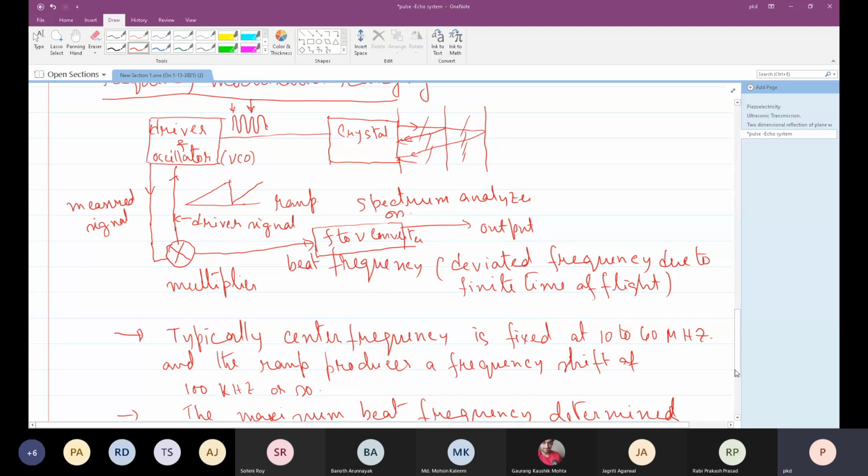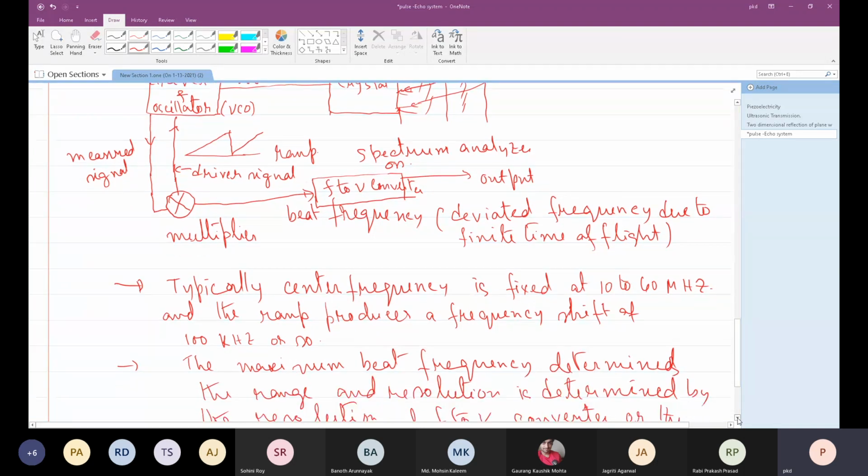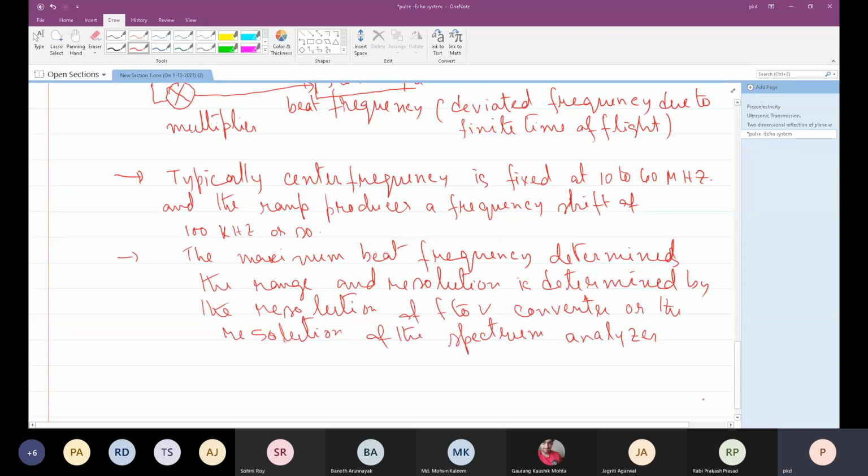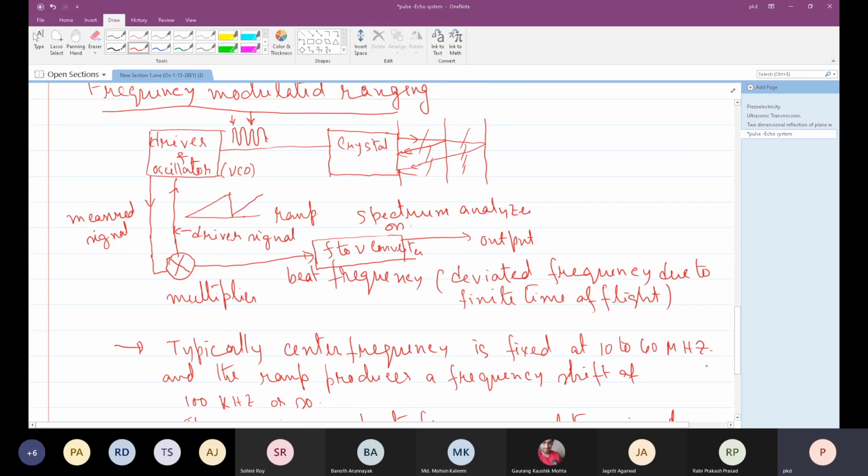In both cases it is there, but frequency measurement can usually be done much more accurately than the time detection method. That is why noisy and more accurate measurement capable instruments use this frequency modulated method, which is known as FMCW ranging, frequency modulated continuous wave ranging method.